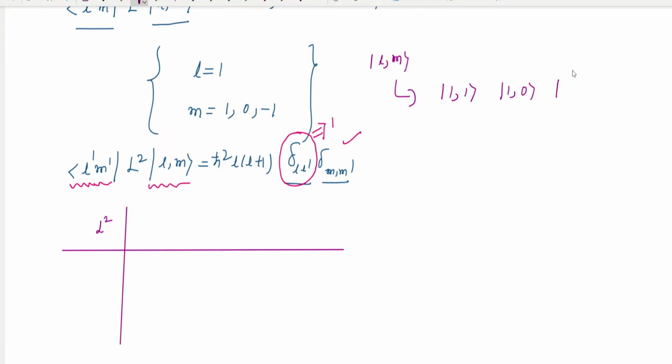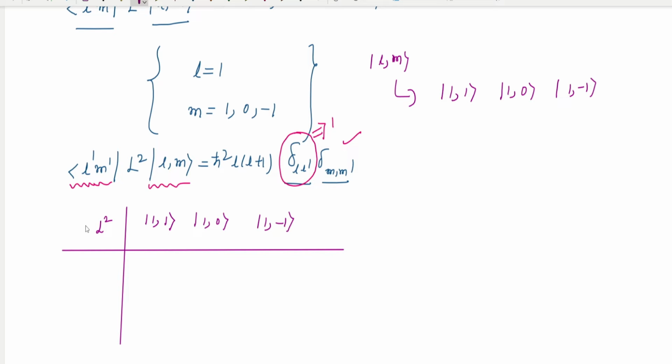So you need to follow that formula. 1 minus 1. So therefore, I'm going to write these things here. 1 1, 1 0, and 1 comma minus 1. Here also same.